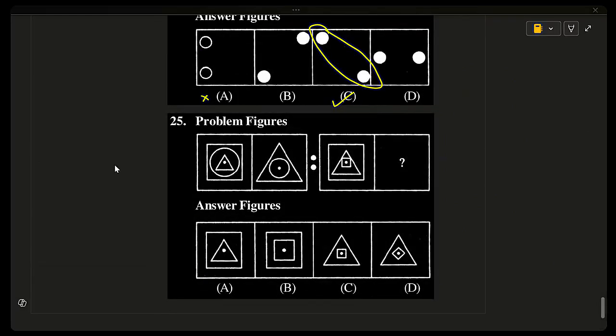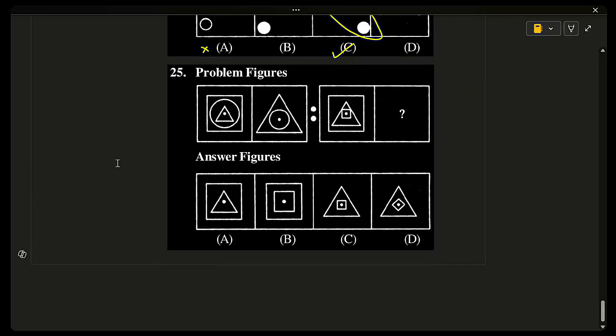Yes, 25th one. So what is the pattern we observed between first and second? In the complete interior, we have a dot. The dot position is not changing. So in the complete interior, we want a dot. Everywhere the dot is there, so nothing is eliminated.